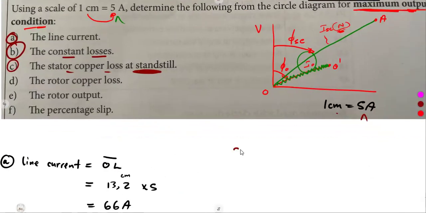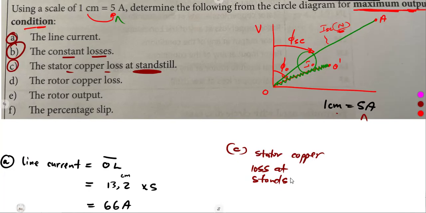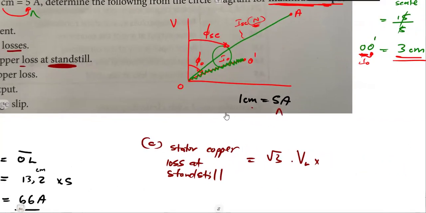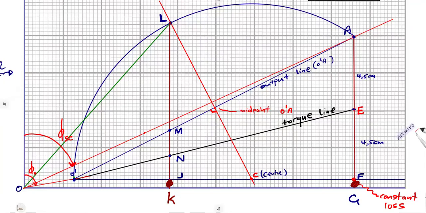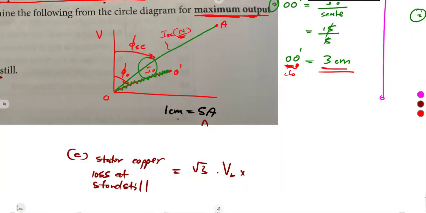Remember what you're dealing with there at standstill. So the stator copper loss at standstill will be square root of 3 times the line voltage times which part represents the stator copper loss at standstill? It is EF. So you multiply by vector EF.